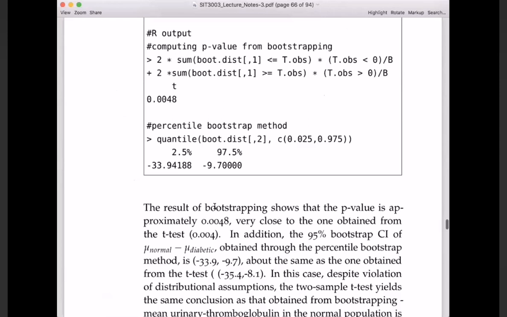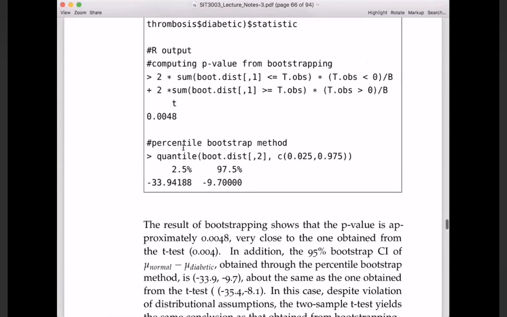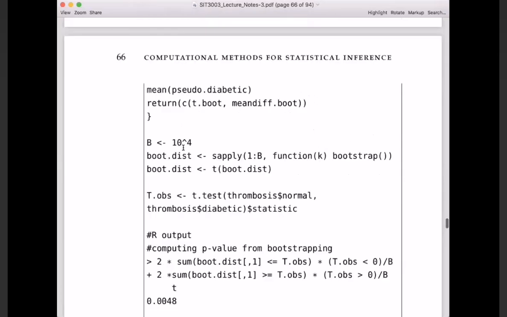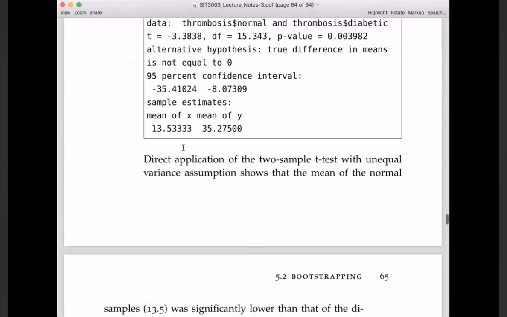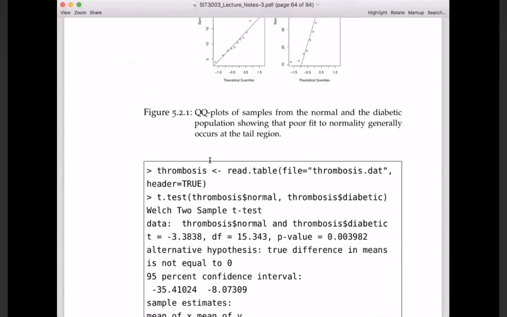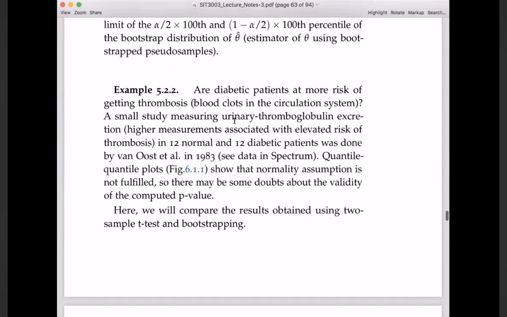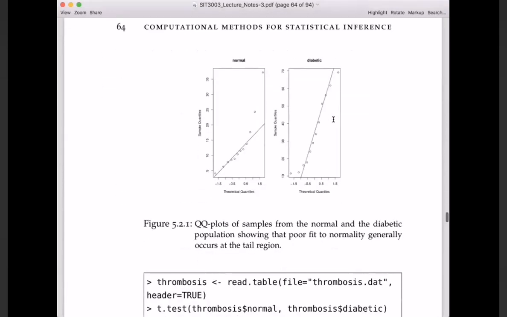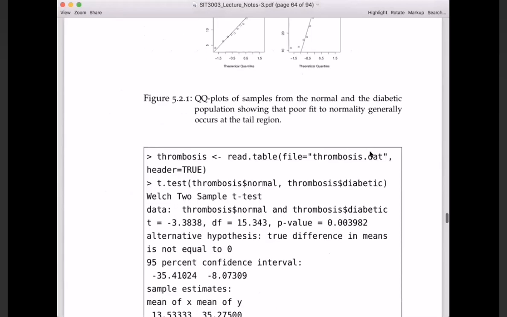So whether you use bootstrap confidence intervals, the bootstrap t-test, or the traditional t-test, you will end up with the same conclusion, which is to reject the null hypothesis and conclude that on average, the mean of this urinary thromboglobulin is significantly smaller in the normal group compared to the diabetic group.